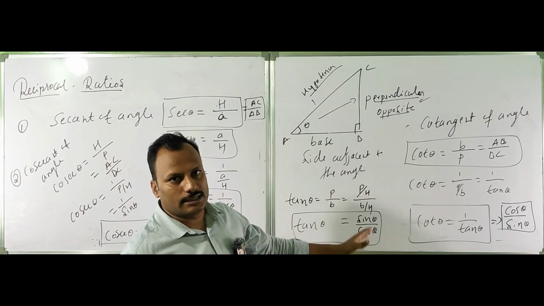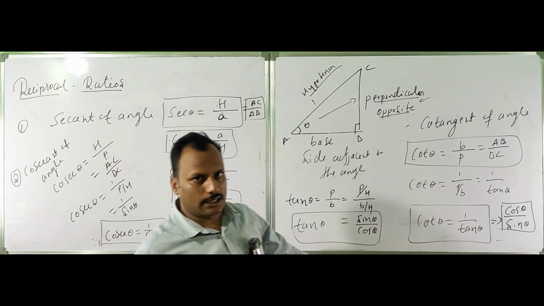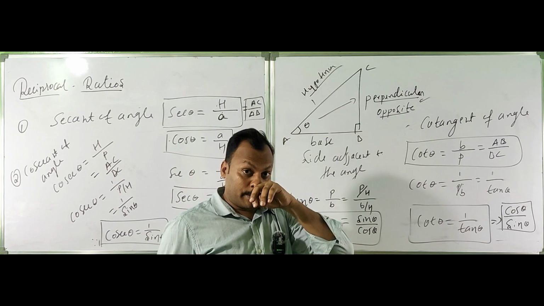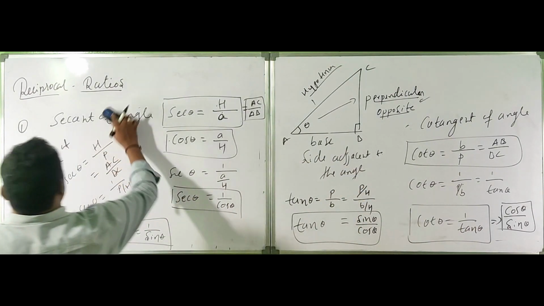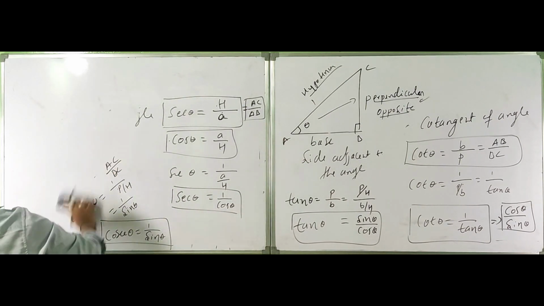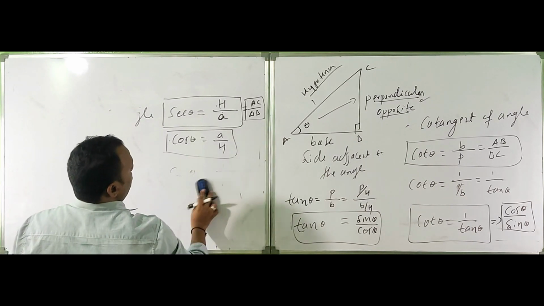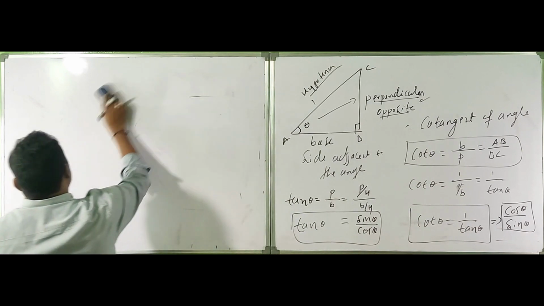Also tan theta you can write as sin theta by cos theta, and cot theta is cos theta by sin theta. Just by solving examples, you can solve the remaining. If you get only one ratio, you can find the remaining ratios of the other angles also. Let's take an example.